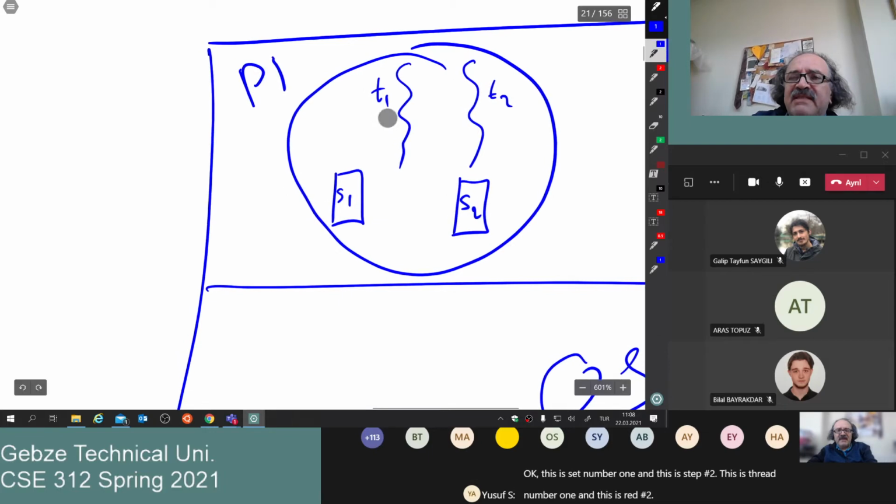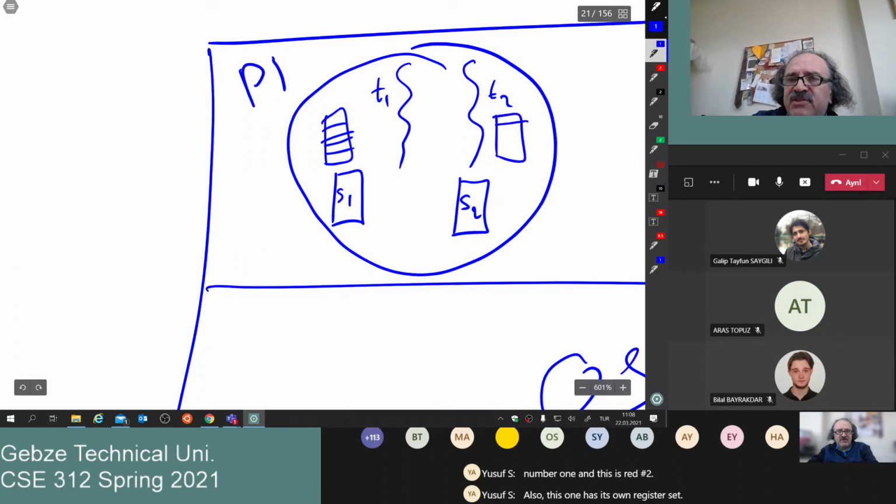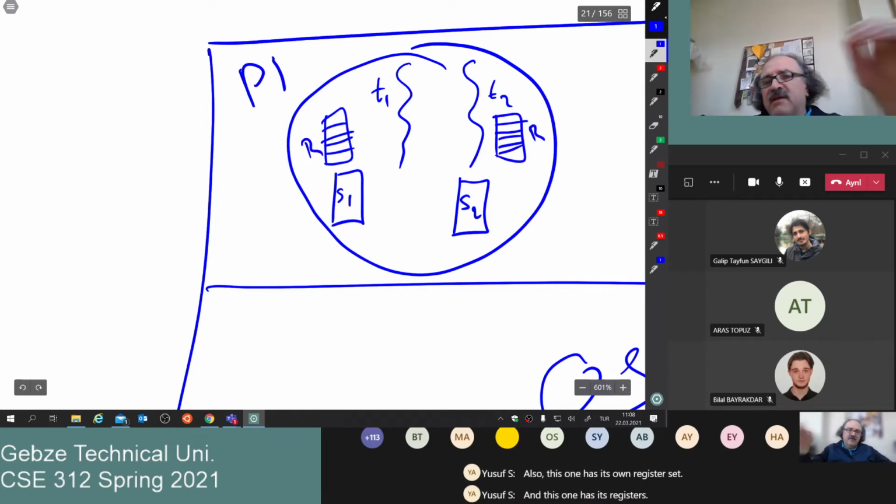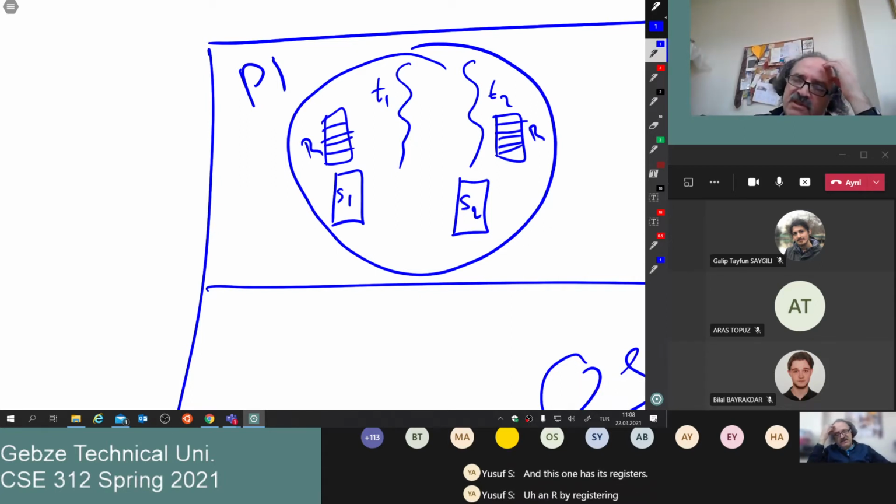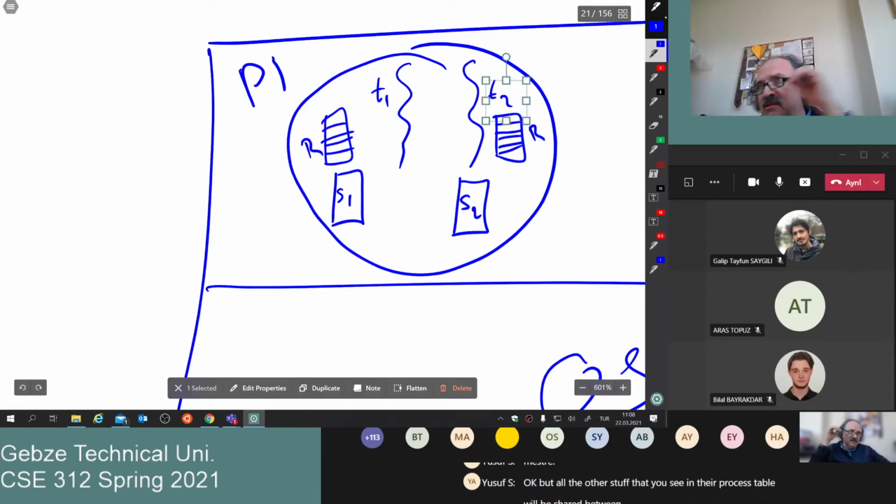Also, this one has its own register set, and this one has its own registers, R1 and R2. By register, I mean all the registers, including the program counter, stack pointer, program status word, etc. But all the other stuff that you see in the process table will be shared between these two threads.